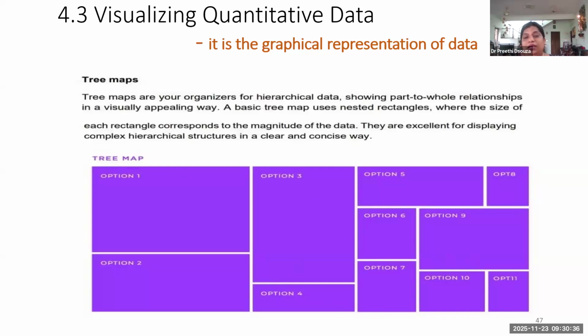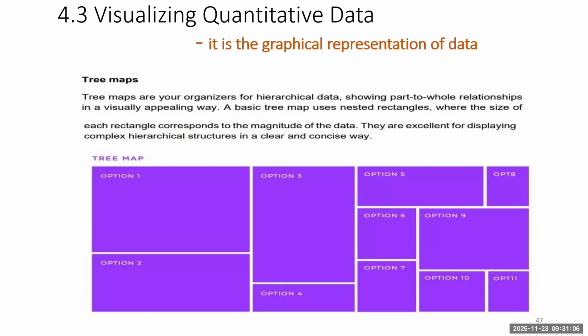So out of 100, maybe 30 go for option 1, 20 go for option 2, 25 go for option 3, only 10 people go for option 4, 7 people go for option 5. Do you understand now, based on the area? Look at the area. Now out of this, you tell me how many people have gone, maximum has gone for which option?